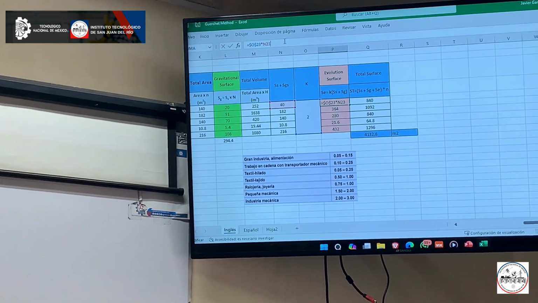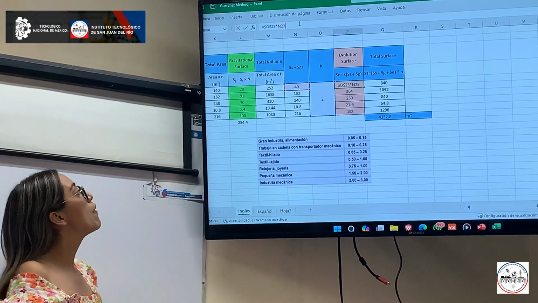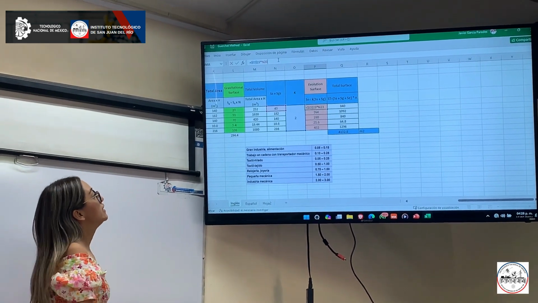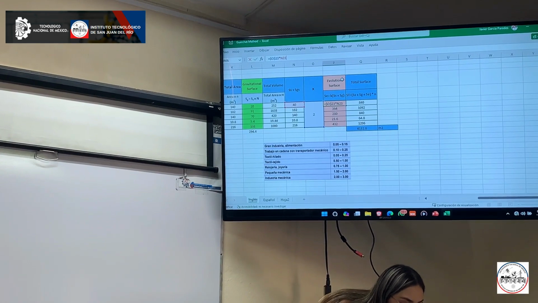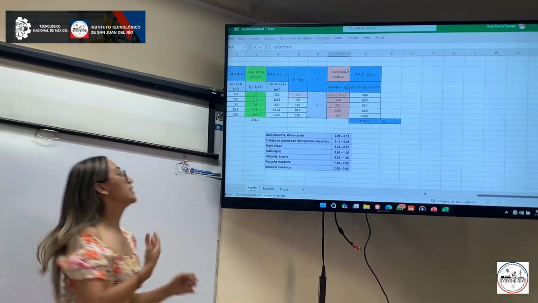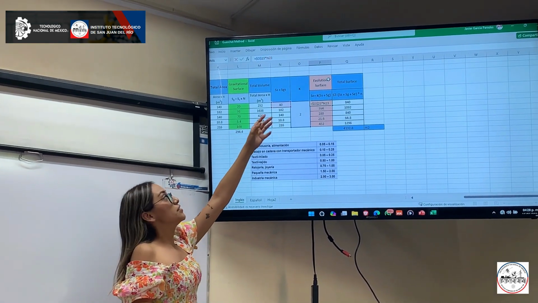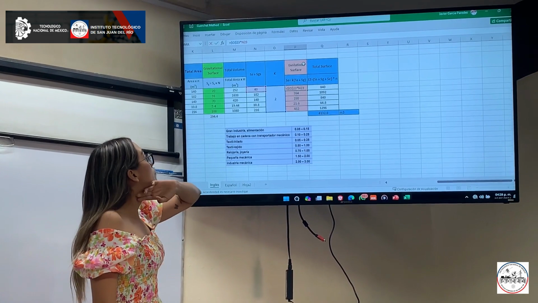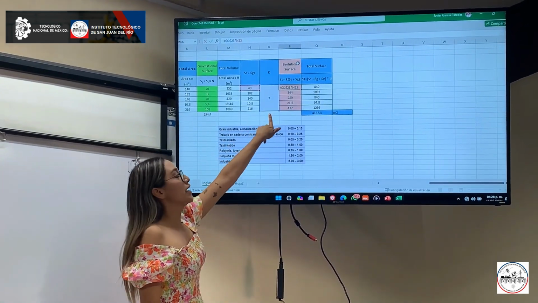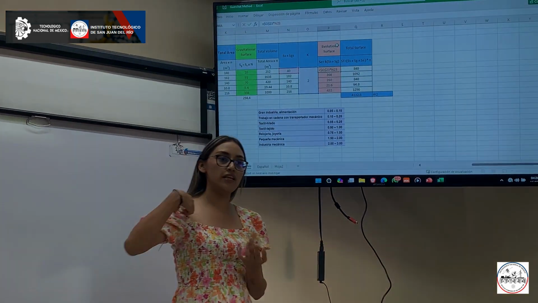To get the evolution surface, you multiply the sum of the gravitational and static surface by K, the evolution coefficient.